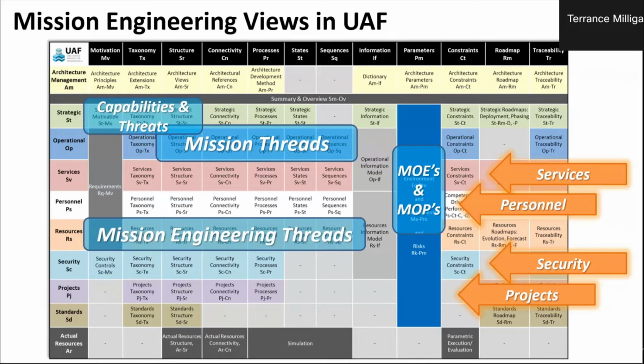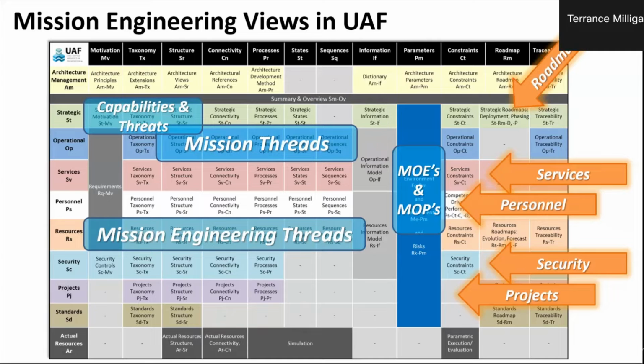You may need a project to redefine the policy, or a project to go train people in new ways of doing things. So these other layers can really enhance the mission engineering. The mission engineering guide doesn't mention those, but there's no reason why it can't be enhanced to take advantage of more of what UAF does.